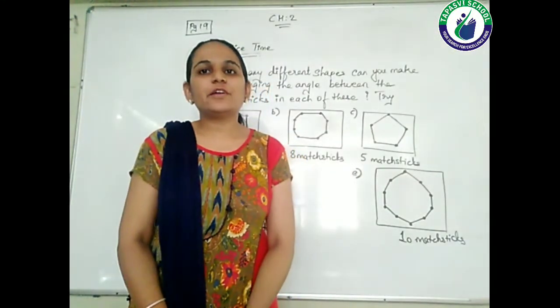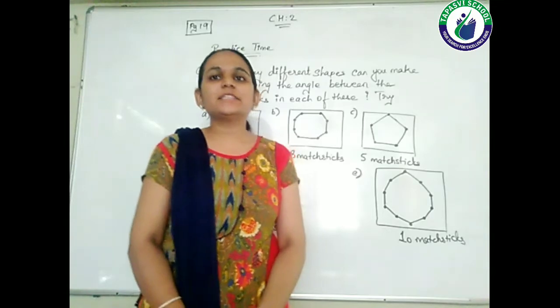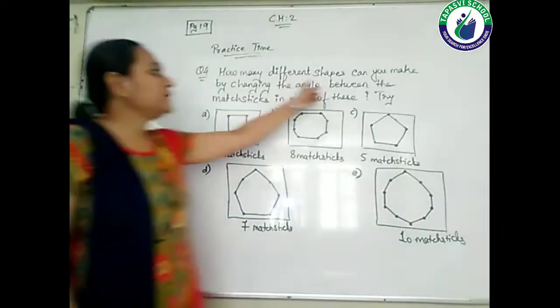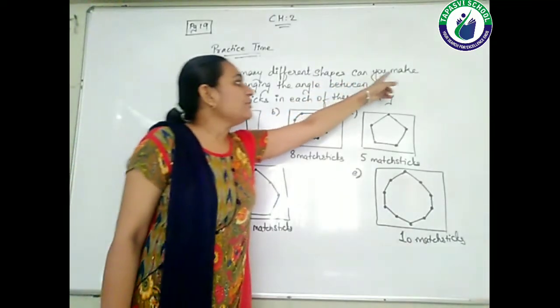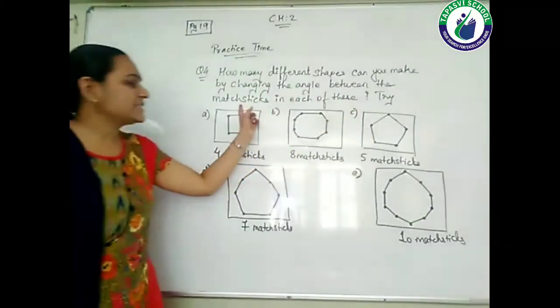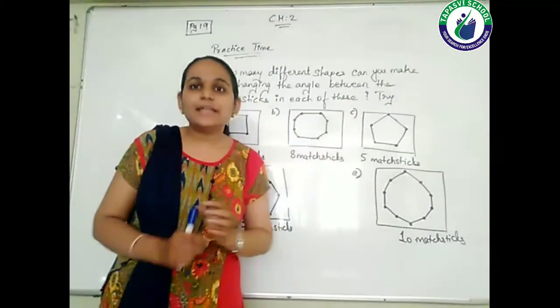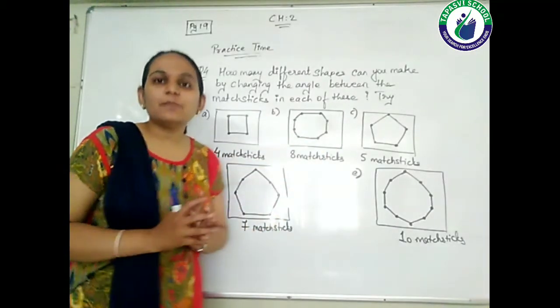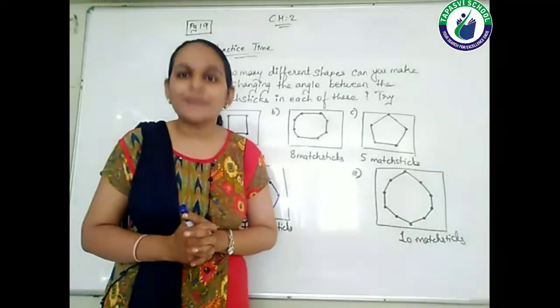Okay students, now look at page number 19. There is the last question of that practice: how many different shapes can you make by changing the angle between the matchsticks in each of these? See students, various shapes are given here that are formed with the help of matchsticks.